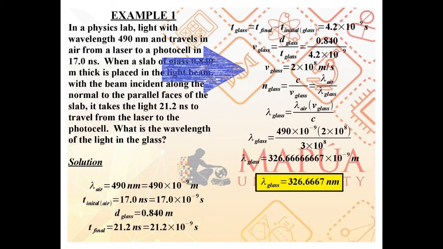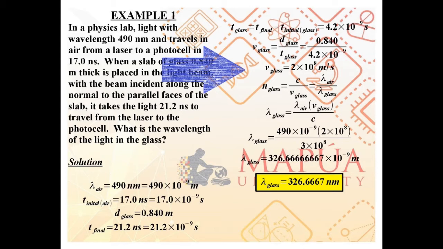So let lambda air be the wavelength of light as it travels in air. Lambda air is equal to 490 nanometers or 490 times 10 to the negative 9 meters. We have two cases, initial case and final case. In the initial case, light is only traveling in air. The time initial is given to be 17 nanoseconds or 17 times 10 to the negative 9 seconds.